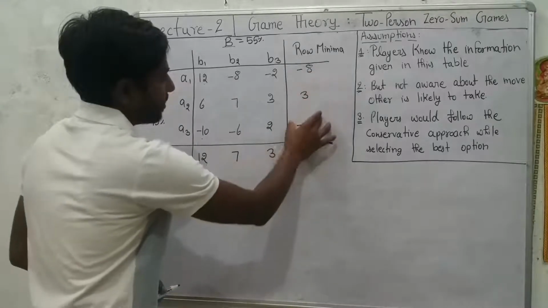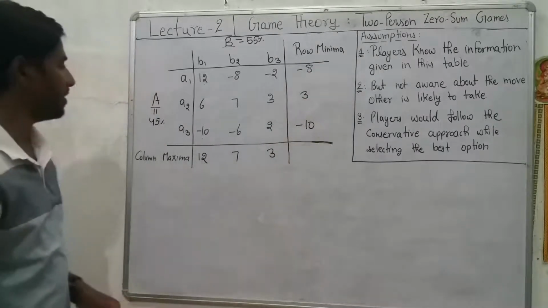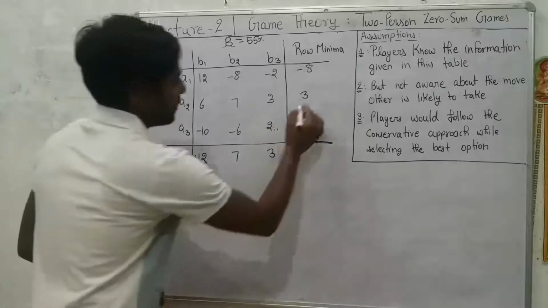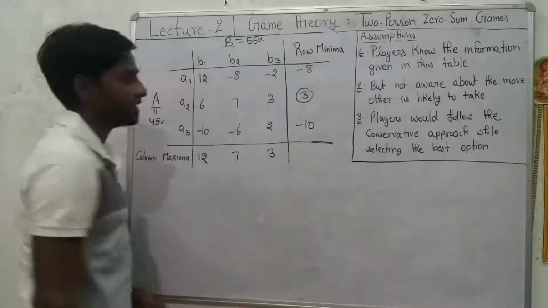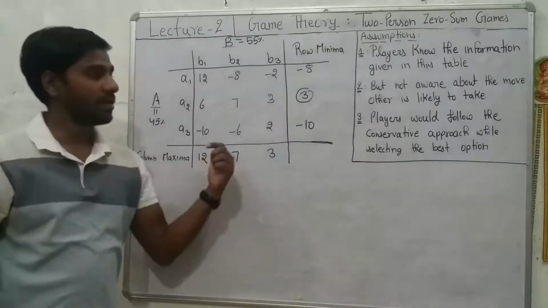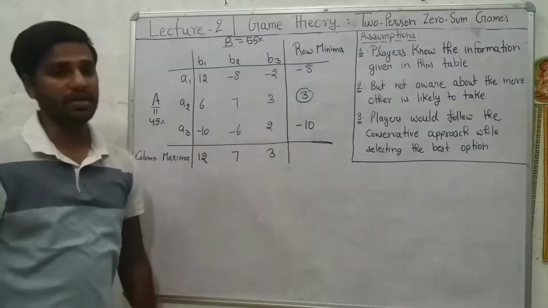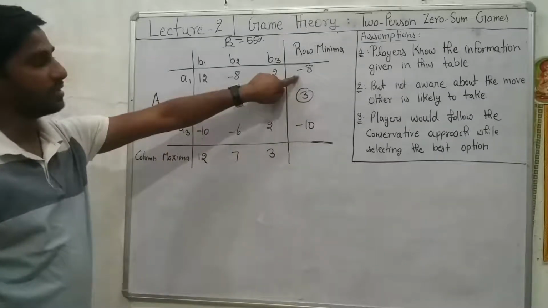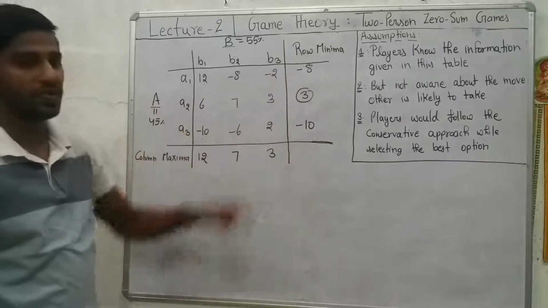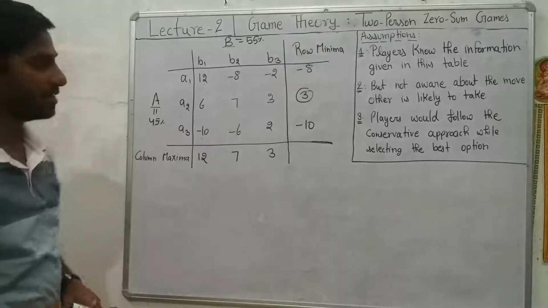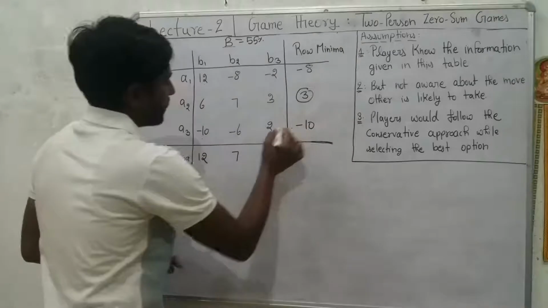From these three values, which one would A select? Obviously A would select this one, because in this case A is at least getting 3% of market share. In the first case it is losing 8%, and in the third case it is losing 10% of the market share.